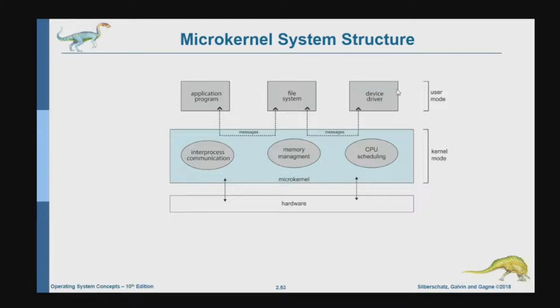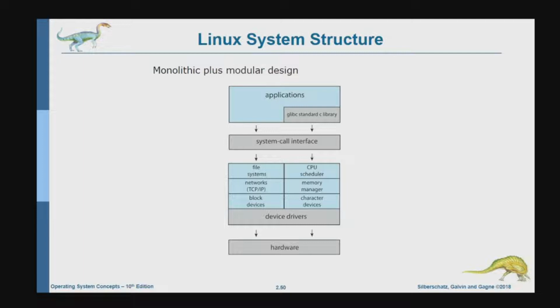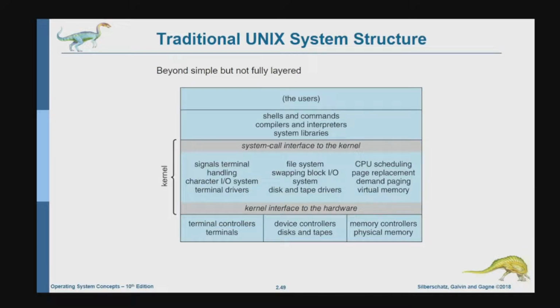Okay, you can compare this structure with this one. This one is simpler to look at on the diagram. Actually it's quite similar. The difference is it has the message passing. So this one is the user mode.